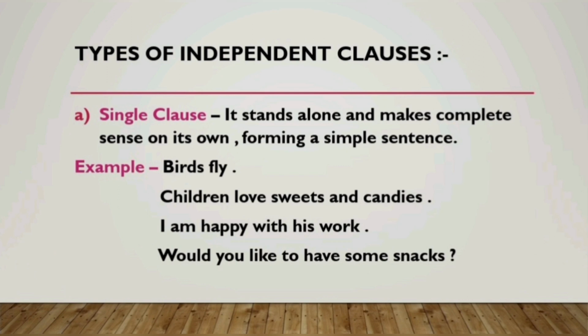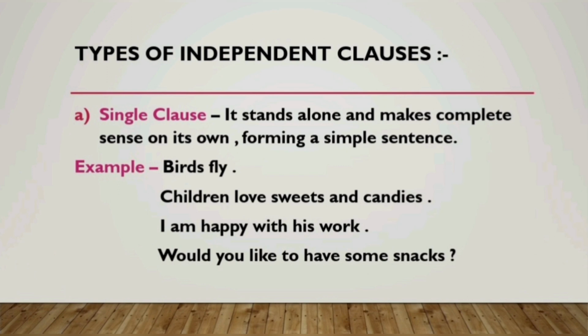I is the subject, am is the finite verb, and the predicate is am happy with his work. The next example is: Would you like to have some snacks? This is an interrogative sentence and an example of a single clause, where you is the subject and like is the finite verb. Therefore, all these are examples of a single clause, where we have one finite verb with a subject and a predicate.